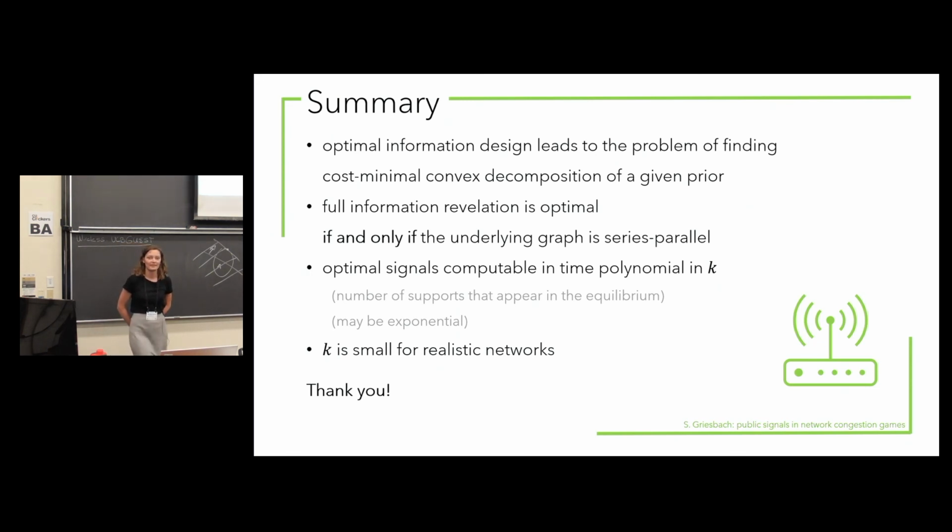Do you know of any underlying graph structures where full information revelation becomes better than full? Like when it's series parallel, it's optimal, but do you know of any graph structures where it becomes better than full? No, I don't think so.